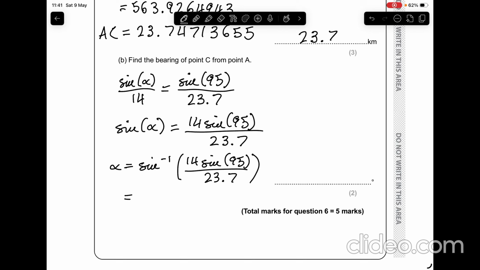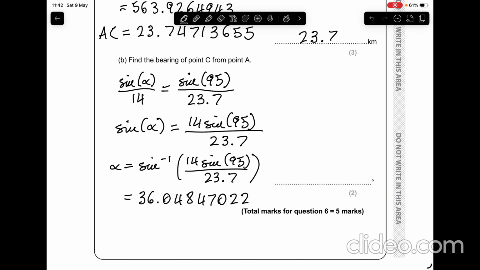So we want inverse sine of 14 sine 95, close bracket, over 23.7, close bracket. That gets us 36.04847022.